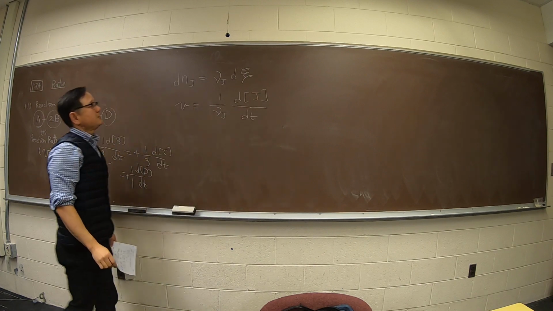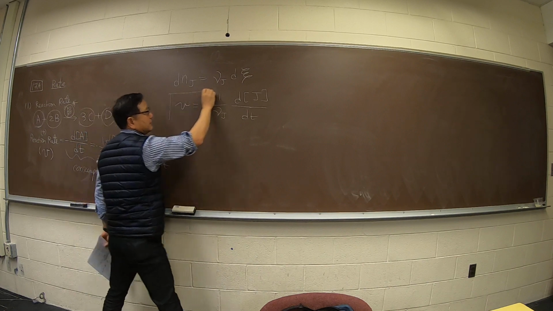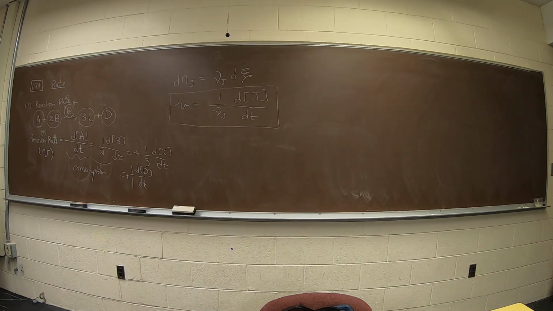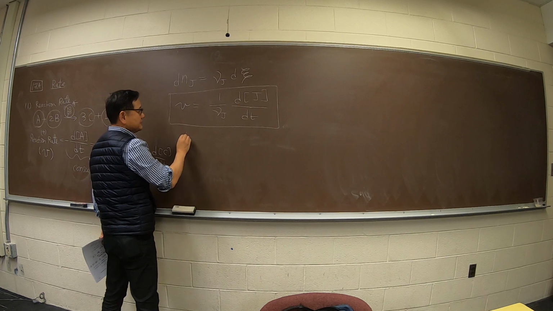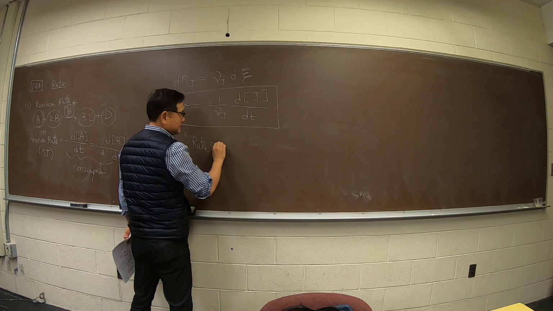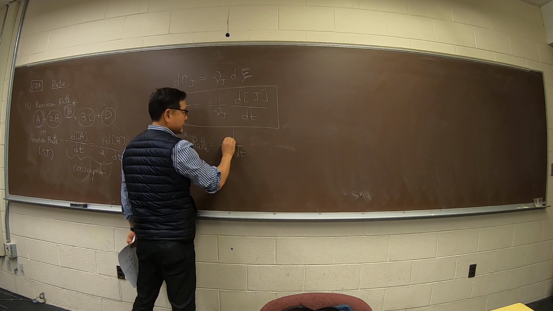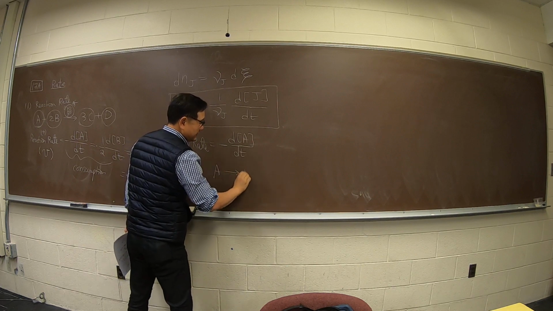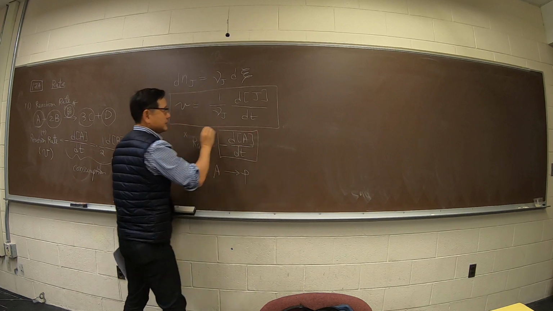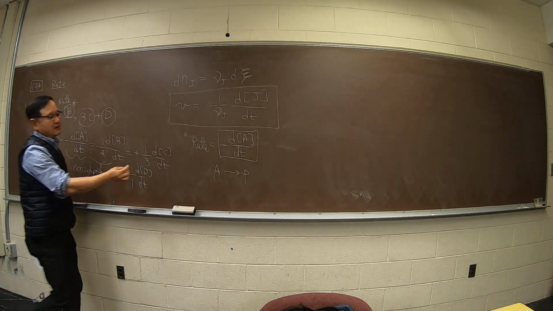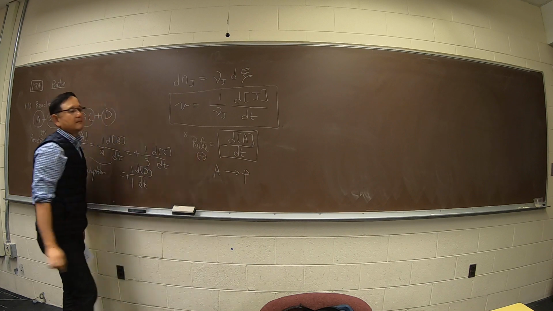We just call it in general J, and this is a time derivative. But also many times you see the reaction rate written as minus dA/dt for the case of A goes to P. They write it this way. Okay? But the rate itself is a positive one.